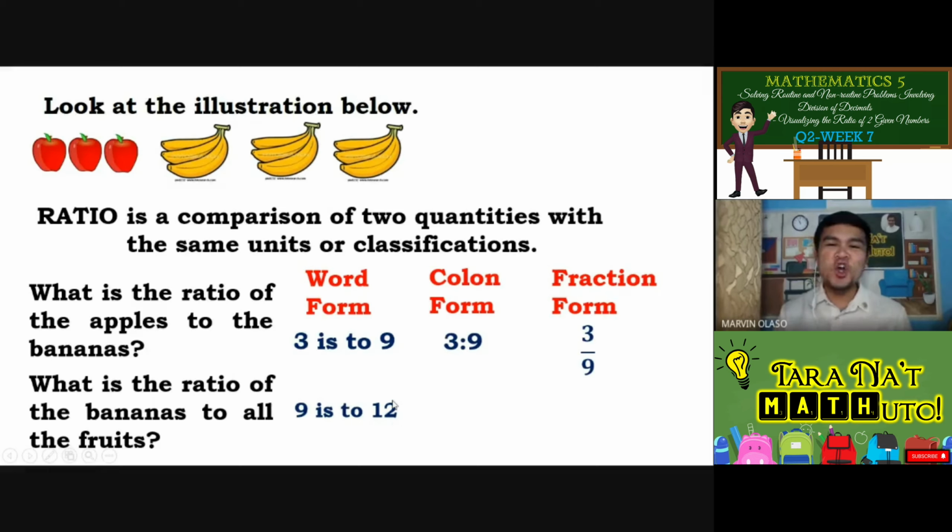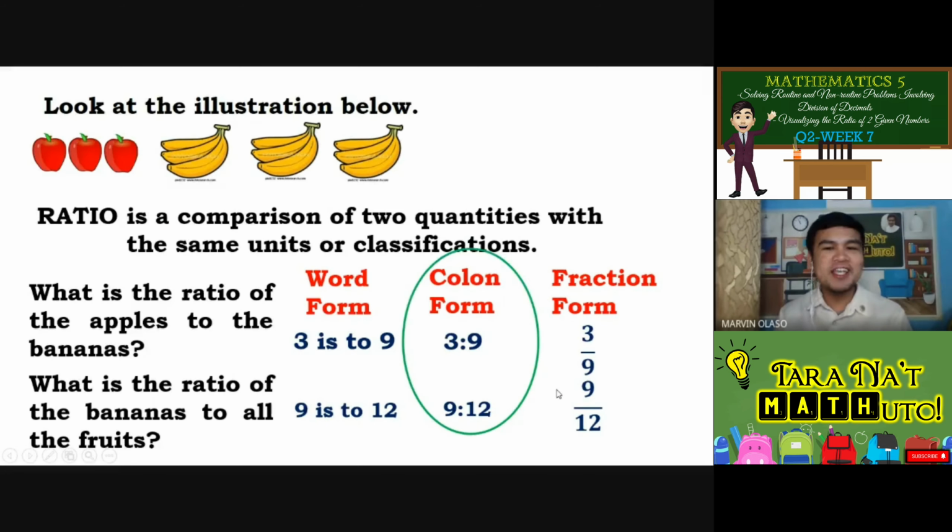What is that in colon form? Yes, it's 9:12. The reading is still the same. We just used the colon symbol. It is still read as 9 to 12. And that is 9/12 in fraction form. Did you understand now the concept of ratio? But the commonly used form is colon form.